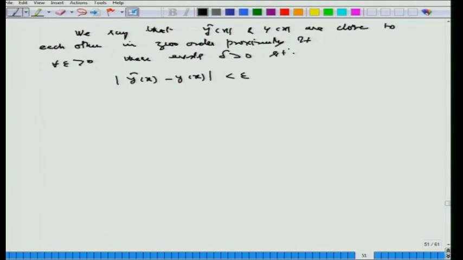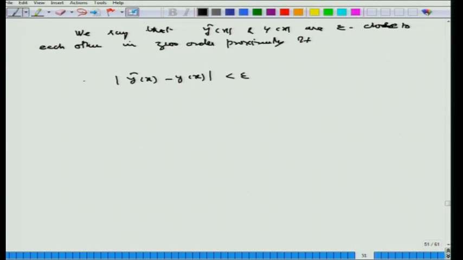If for every epsilon, we say that y x and y tilde x are epsilon close to each other in 0 order of proximity if we have the following for all x.